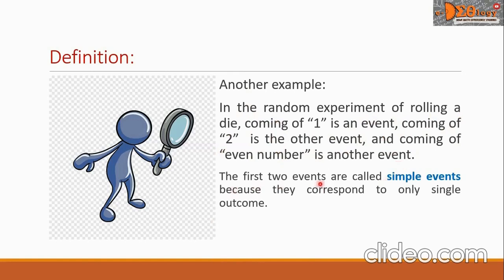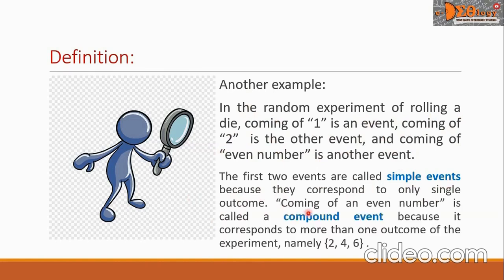The first two events are called simple events because they correspond to only a single outcome. Coming of an even number is called a compound event because it corresponds to more than one outcome of the experiment, namely 2, 4, and 6.